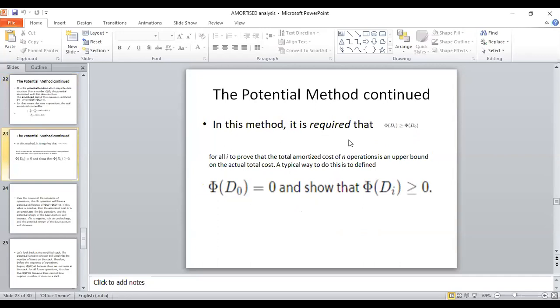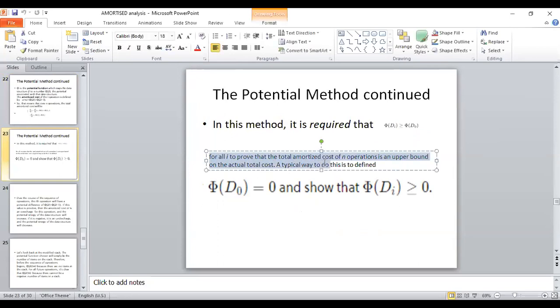So in this method, it is required that phi of Di is greater than or equal to phi of D0 for all i, to prove that the total amortized cost of n operations is an upper bound on the actual total cost.